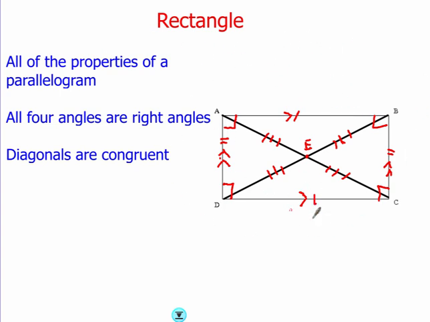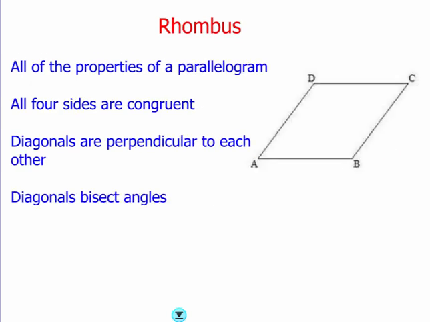Everything that is true about a parallelogram, plus all of the angles are right angles, and both diagonals are congruent. Next, this one kind of moves over to the side a little, is a rhombus. Now a rhombus is not a rectangle, but a rhombus is also a parallelogram.